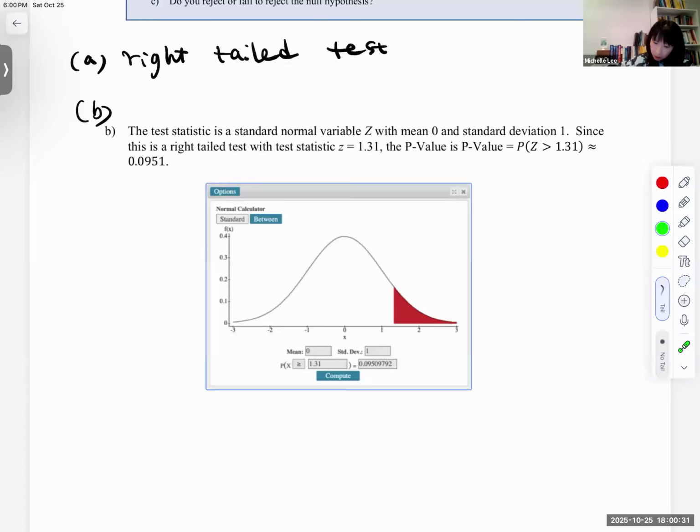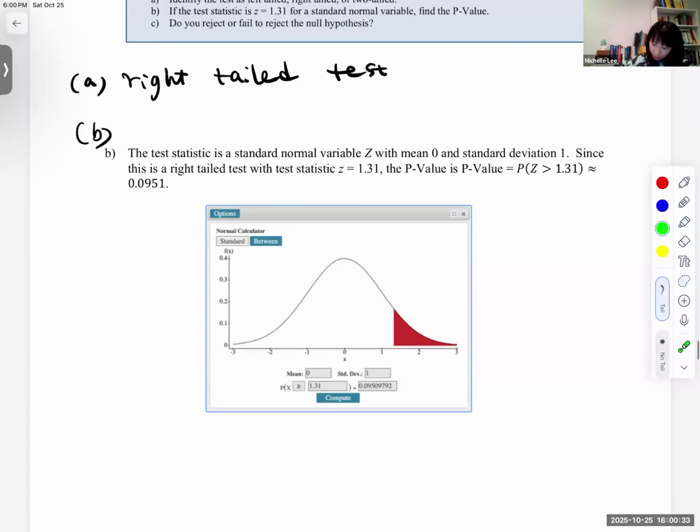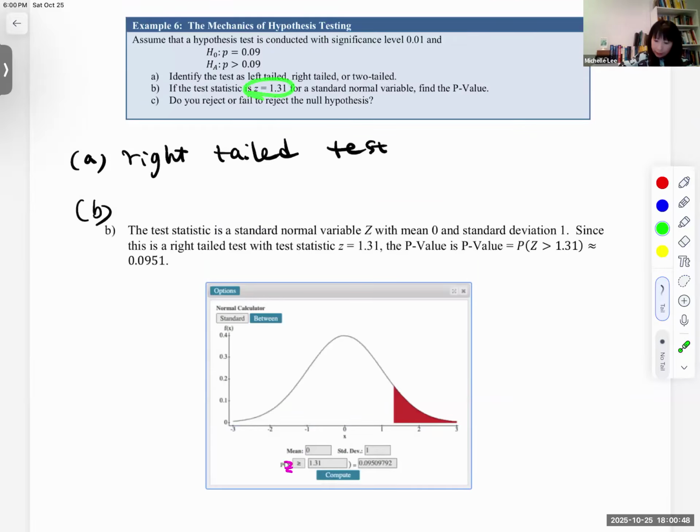What's the probability? We are using a normal curve. This is the z-score with mean equal to 0 and standard deviation 1. Z equal to 1.31 is given.